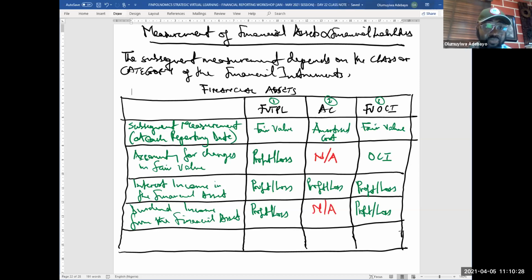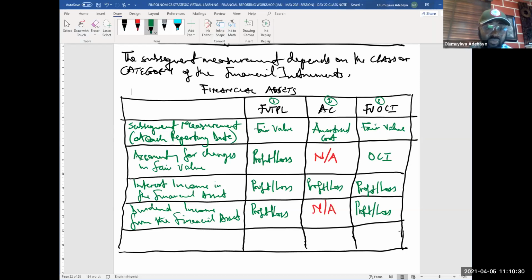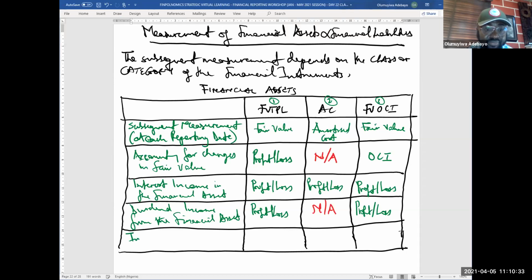And here, impairment. Now, impairment, regardless of the case, will be charged to profit or loss, whether it's an impairment loss or an impairment gain.